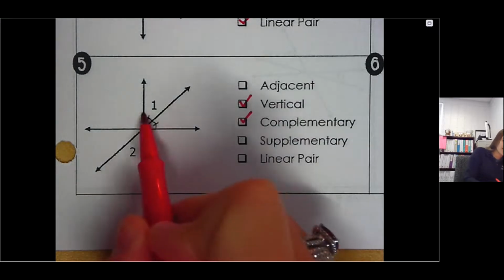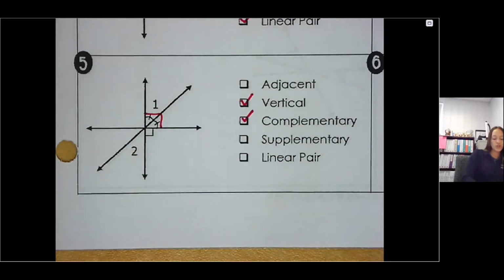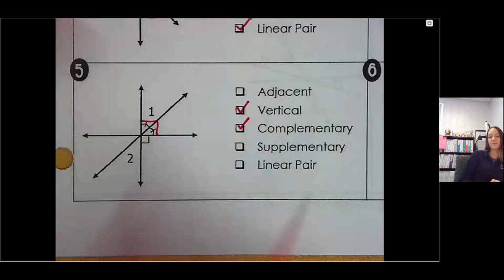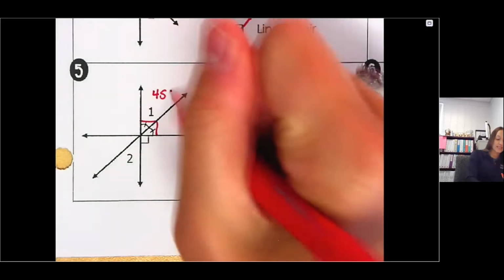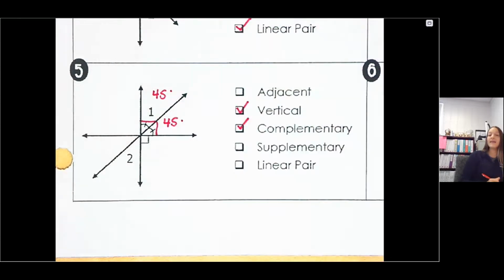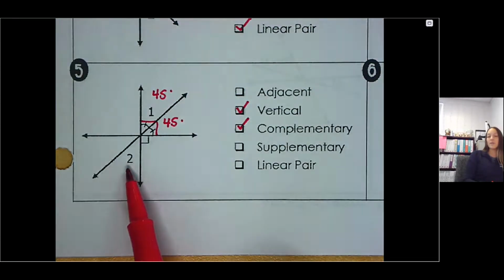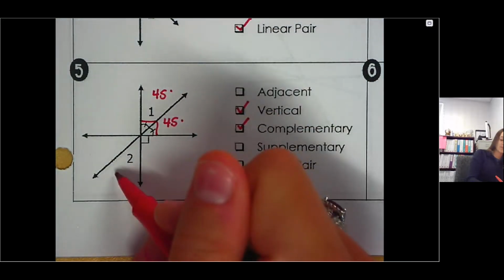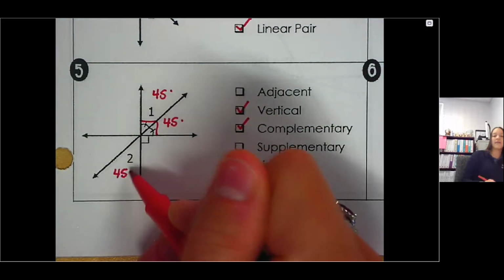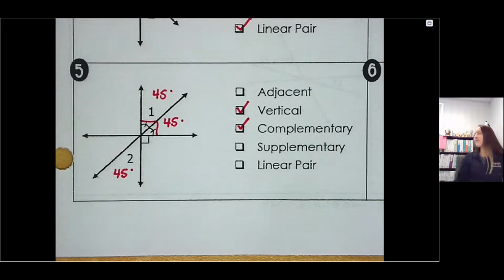So if these two have to add up to be 90, what do these two angles have to be? 45 and 45, right? Because that's half of 90. And then angle 2 has to be what? Also 45 because it's vertical from angle 1. And then what is 45 and 45? 90. So there you've got complementary angles as well. Awesome. That was a tricky one.